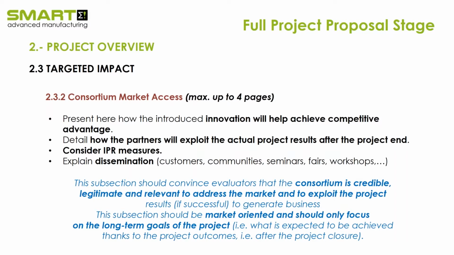The current partners have the competences, and there are even clearly identified roles in the case of exploiting the future project outcomes. Here you will have to explain the intellectual property right measures that you will take into account, and how you intend to protect your outcomes, and also explain the dissemination aspects of your proposal.